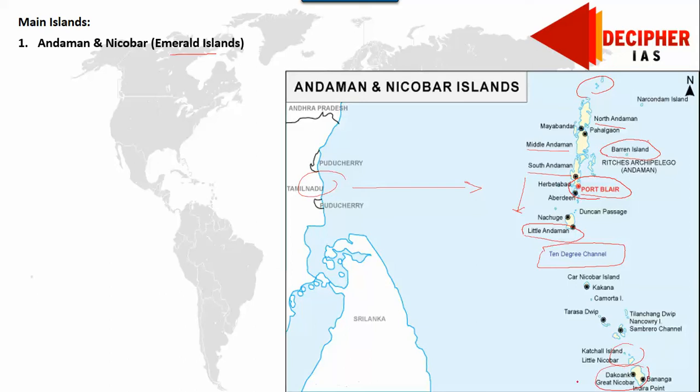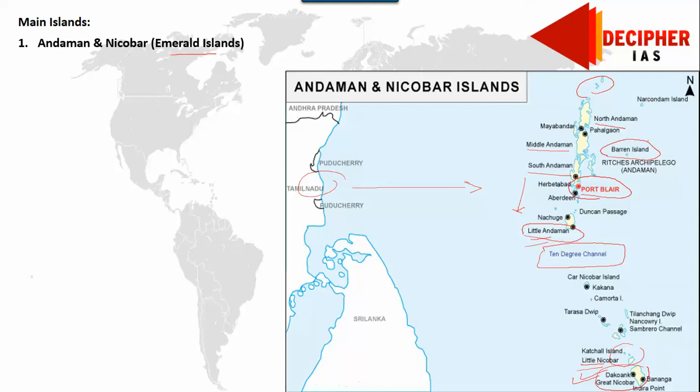And again, remember, the examiner may confuse you by asking about Great Andaman. But remember, friends, there is no place as such called Great Andaman. Only Great Nicobar is there. By the way, Little Nicobar and Little Andaman do exist.